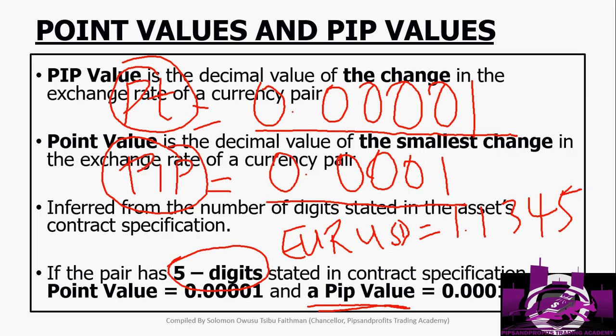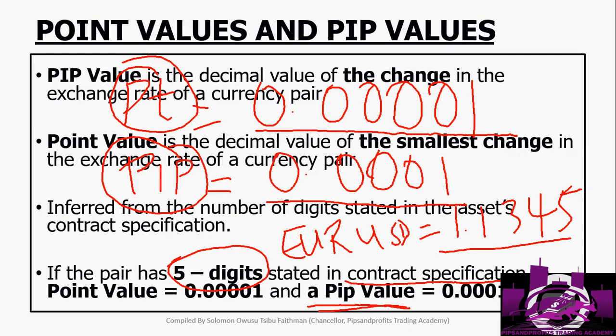What you need to do is go and check the contract specification and see whether the digit you have over there is 4. If the digit is 4, then the point value is different. If the digit is 5, then it follows the same thing.